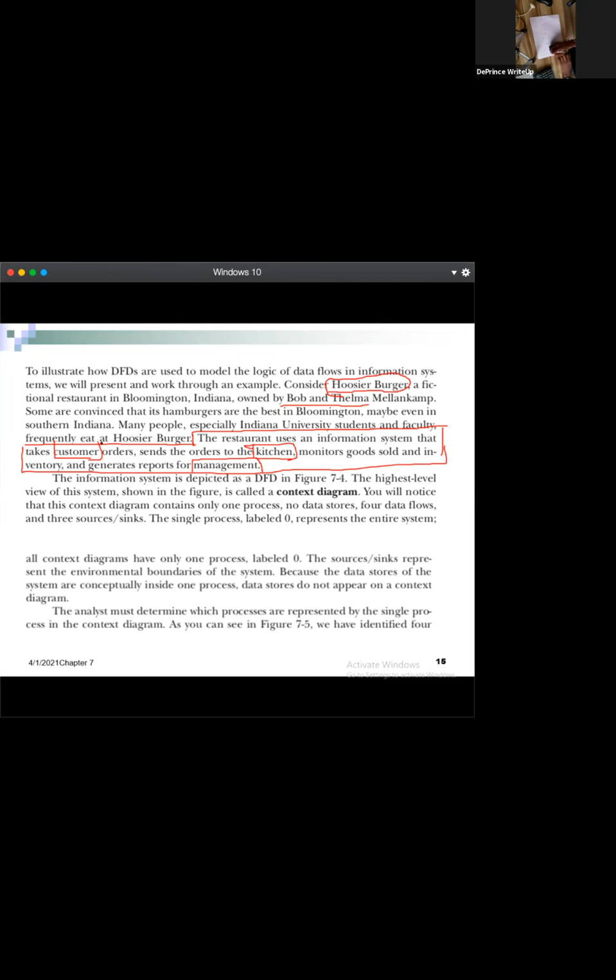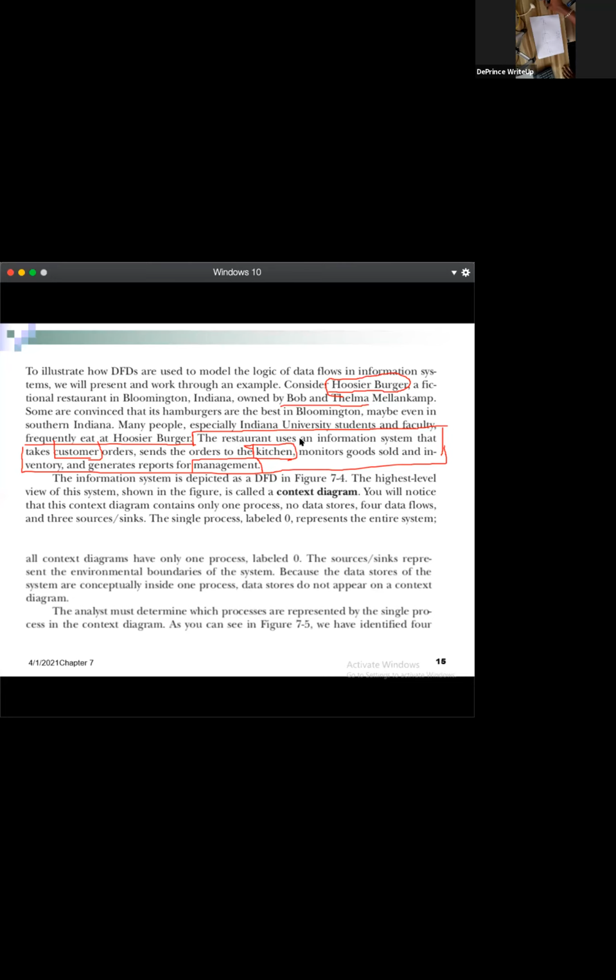We have our 3 entities, which are customer, kitchen, and restaurant manager. So what exactly happens here?